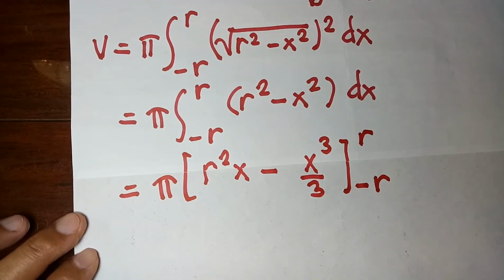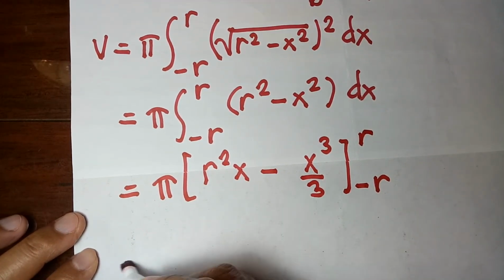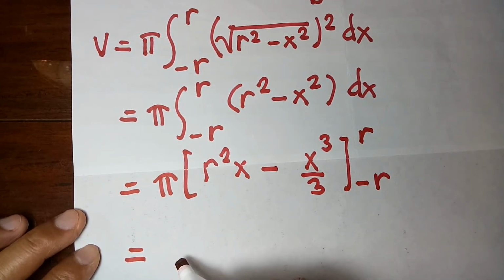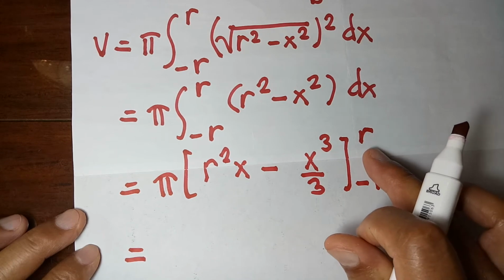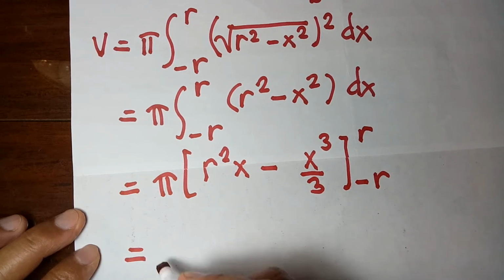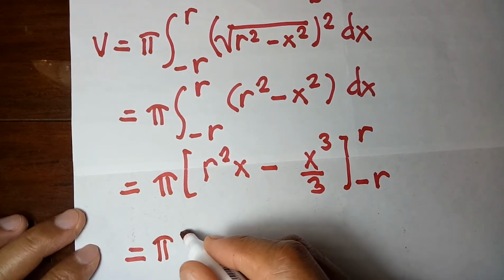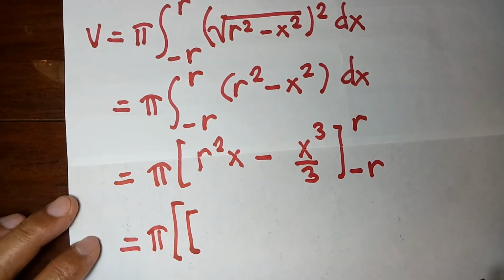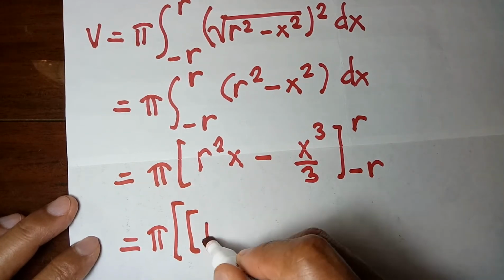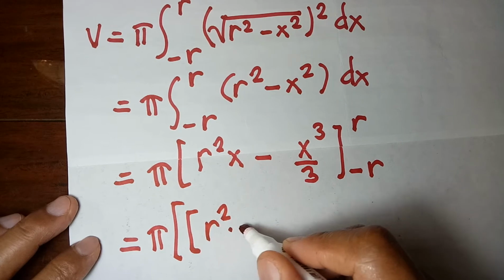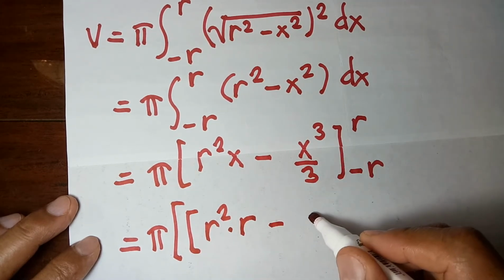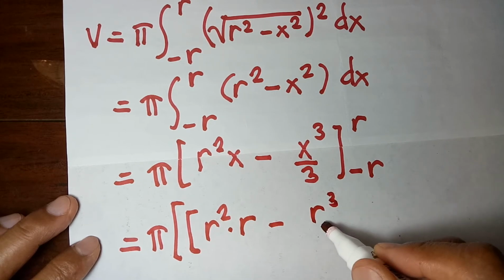And then let us evaluate now the result from negative r to positive r. So una, when x equals r, no? So I'll have pi. So when x is r, so lahat ng x papalitan ng r. So magkakaroon tayo ng r squared times r, and then minus r cubed over 3.